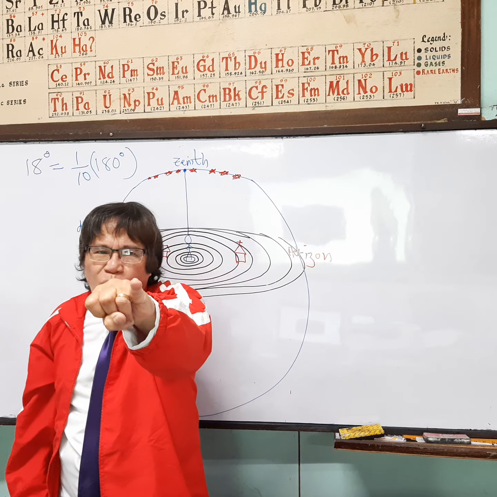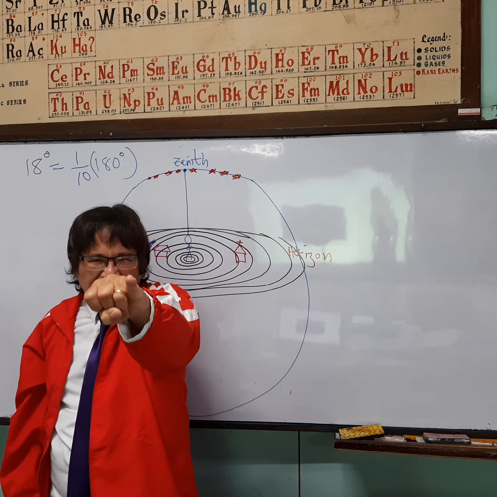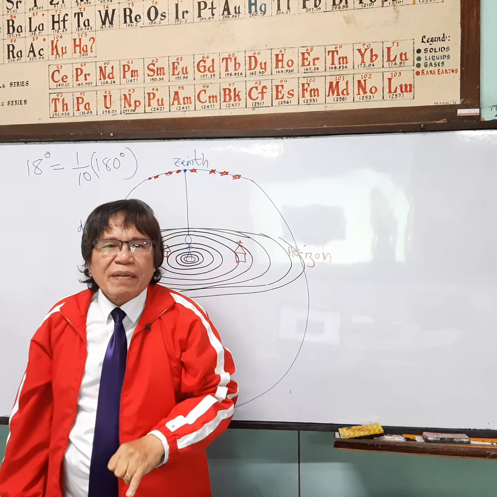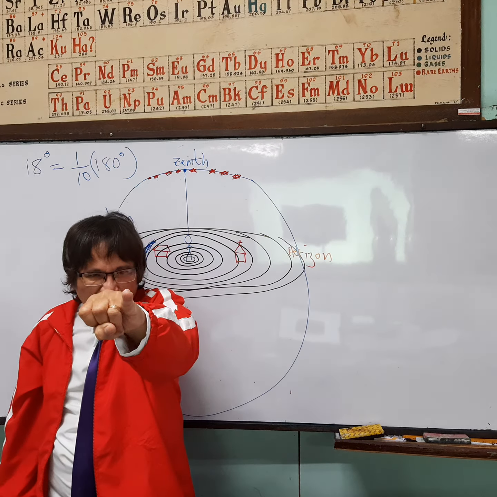To appreciate 1 degree distance, you just imagine that the moon is 0.5 degree. This is 1 degree, the moon is 0.5.